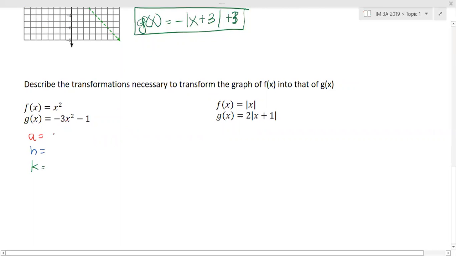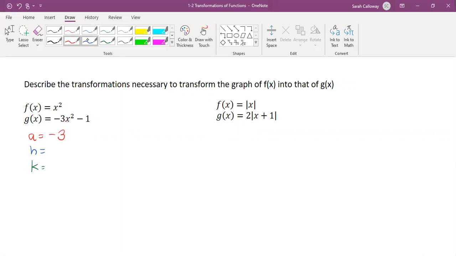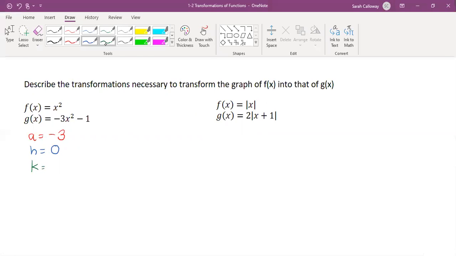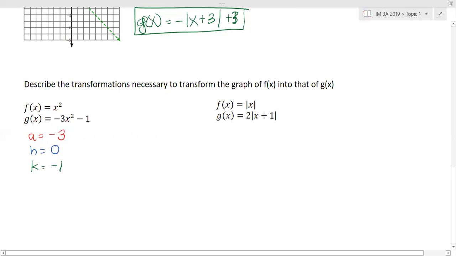So the number being multiplied is a. Then if I had something adding or subtracting inside the squared function, that would be my h. Whenever I don't have parentheses or an absolute value sign, something like that, inside, no number inside, then my h value is 0. And then my k is that last number, which is minus 1.